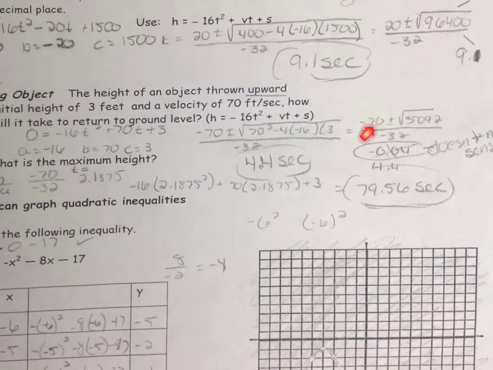So you're going to do negative 70 plus the square root of 5,092, enter, over negative 32, and negative 70 minus the square root of 5,092, enter, over negative 32. There are 2 different answers, negative 0.04, so it was at ground level at negative seconds because we started 3 feet up, and 4.4. So it would be the 4.4 seconds because negative time does not make sense.